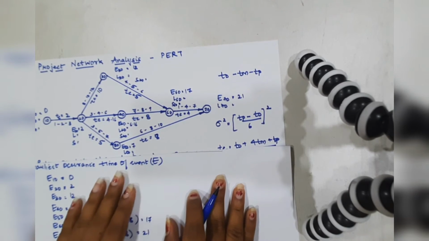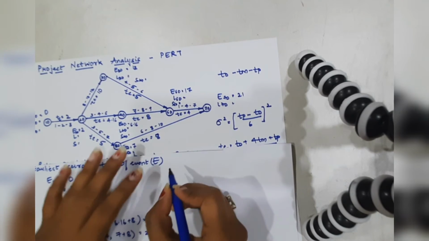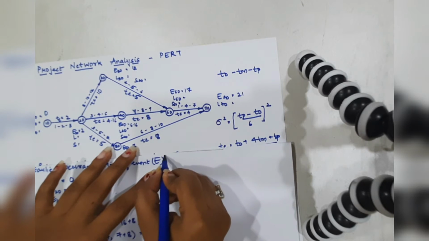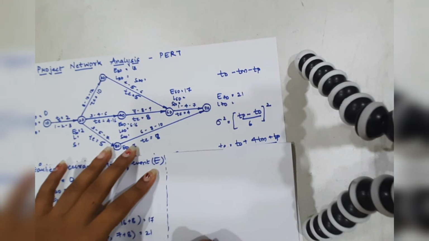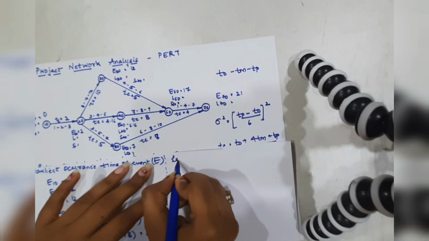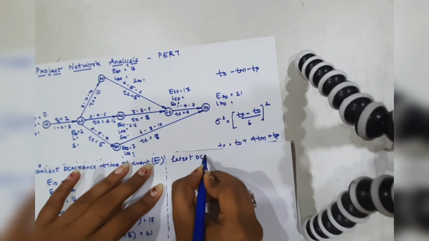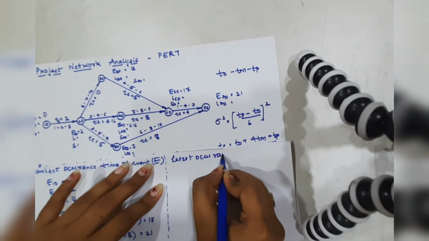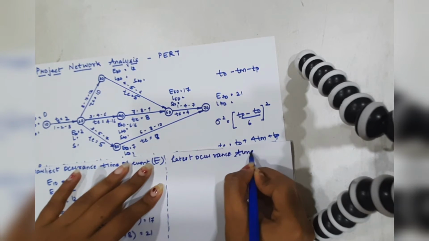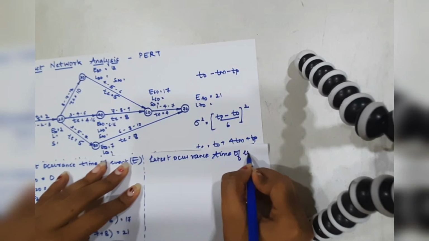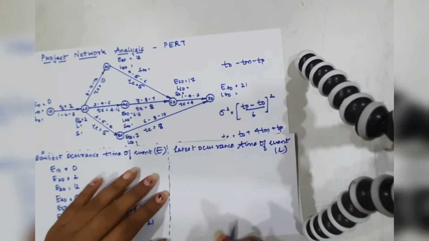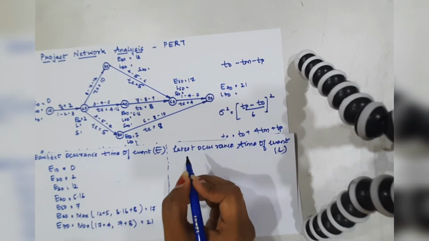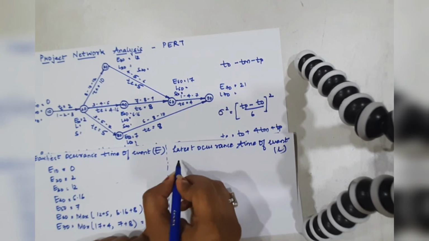Now the next thing that comes up is the calculation of the latest occurrence time of an event, which is L. So for L we are going to mention it in descending order.